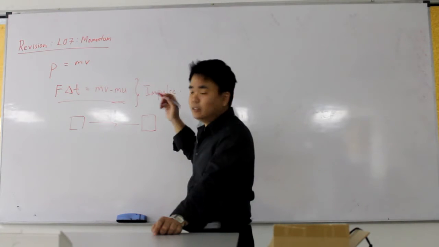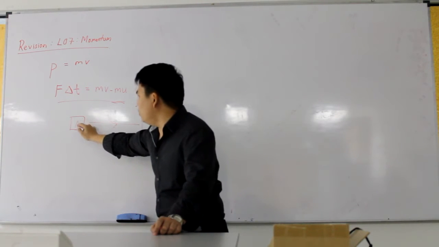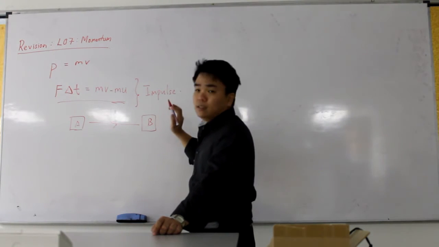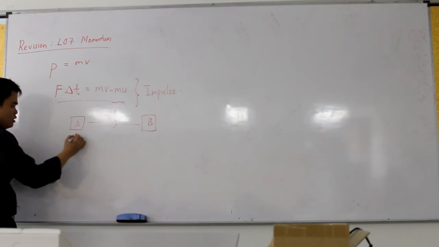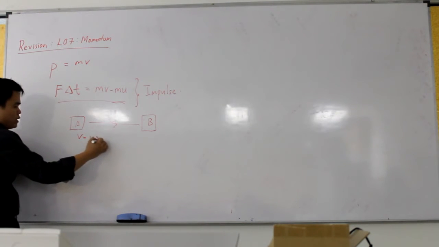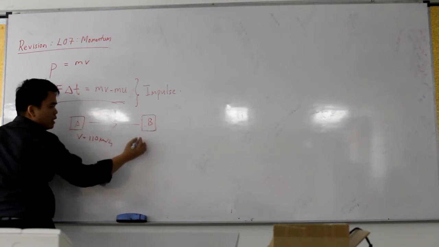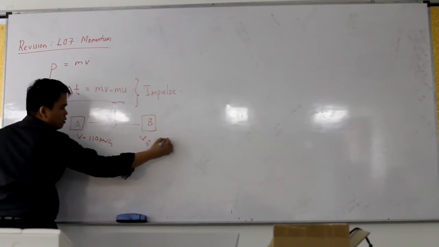Let's say along the highway, car A moves too fast, whereas car B remains stationary. So car A here, initially the speed is 110 km per hour. Once A hits B, the velocity VF becomes 0.